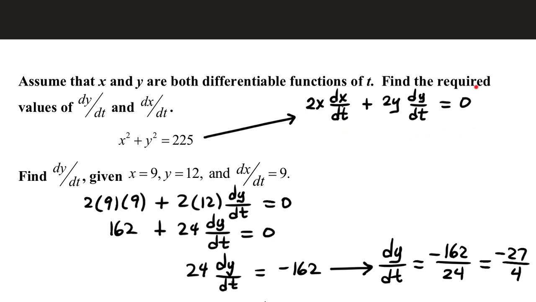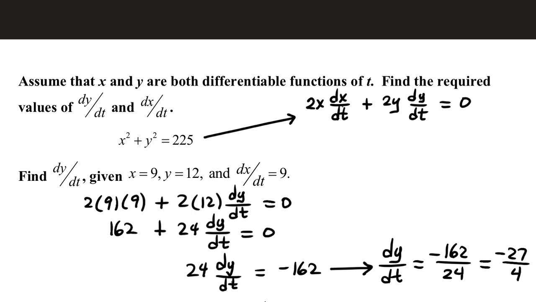Everywhere you have x, y, dx dt, dy dt in this derivative formula at the top right, slowly and carefully replace your x with 9. Your dx dt is also 9, be very careful, plus 2y, that's 2 times 12. Dy dt is the only thing we don't know, but that's what we were asked to find.